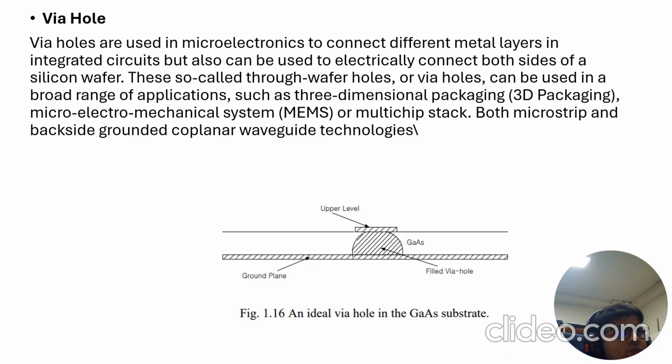These so-called through holes or vias can be used in a broad range of applications such as 3D packaging, microelectromechanical systems, MEMS, or multi-chip stacks, and both microstrip and backside grounded co-planar waveguide technologies. You can see the figure. Ideal case, we are holding the gallium arsenide structure.